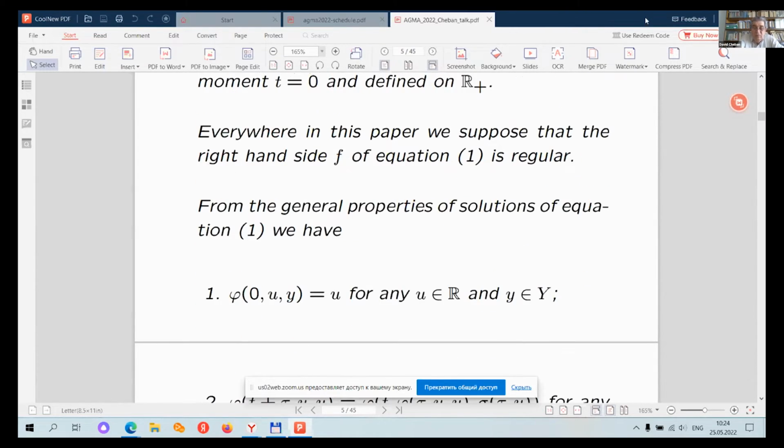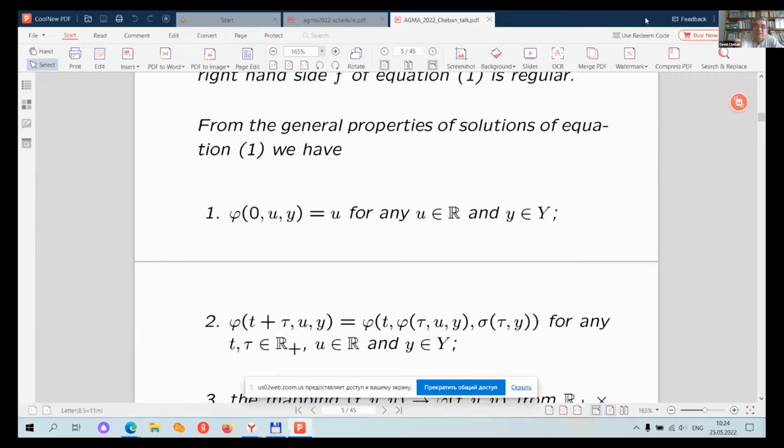It is well known from the general properties of solutions of differential equations that the function phi, as a function of 3 variables, time, initial data u, and parameter y, possesses 3 properties.